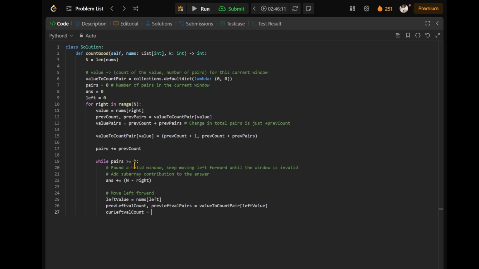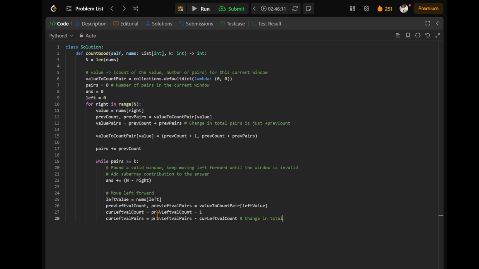And now we could say that the current value count is the previous one minus 1, since we're decrementing the count by 1, and the number of pairs is equal to the previous one minus the current left val count from our formula before.